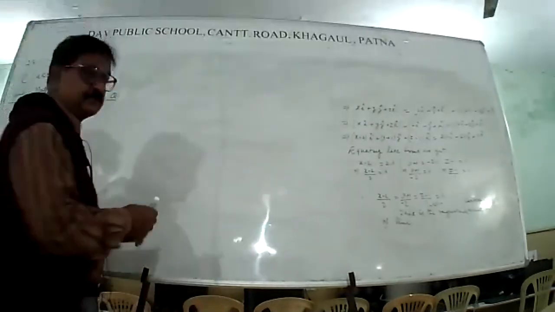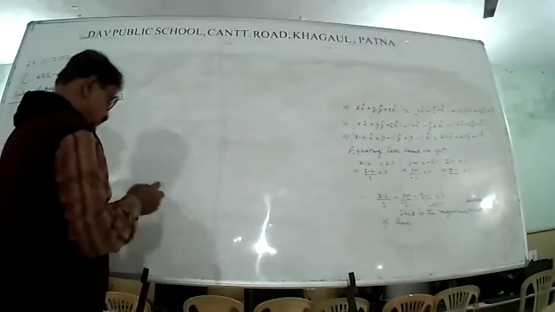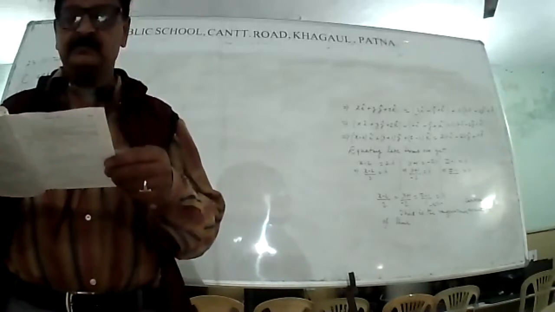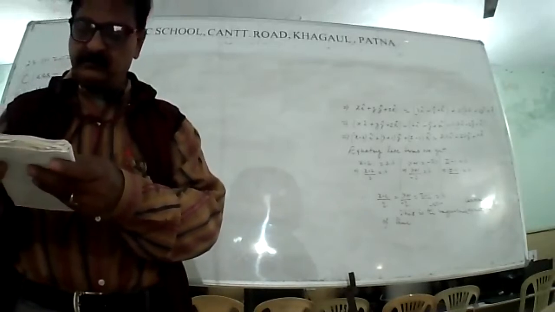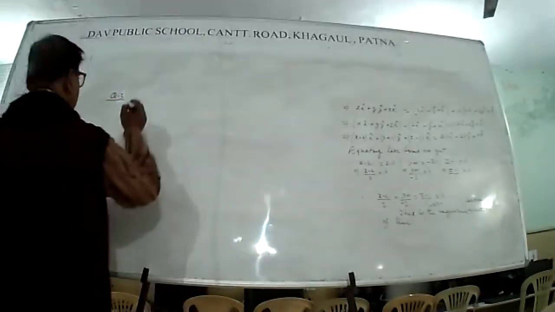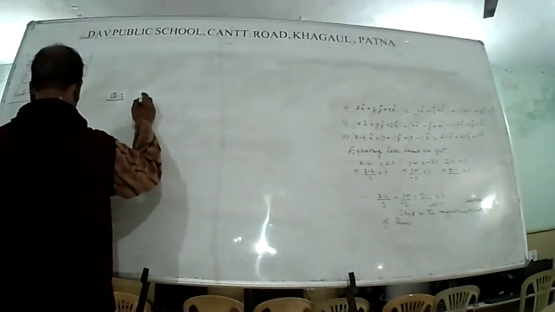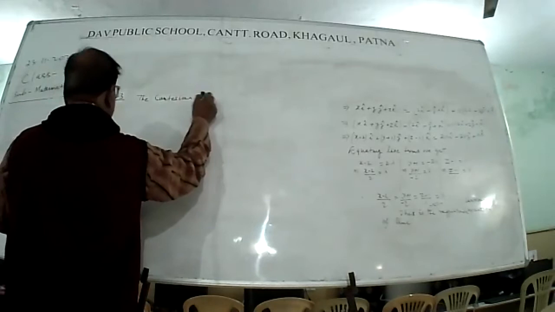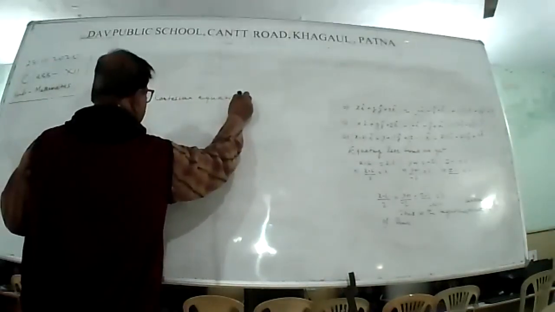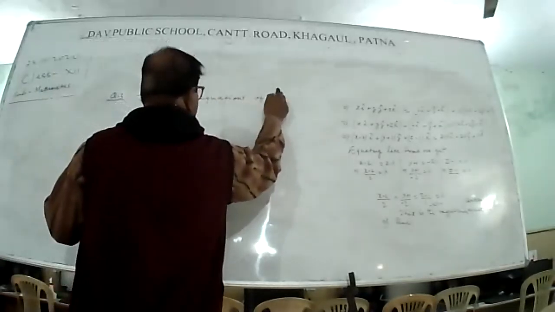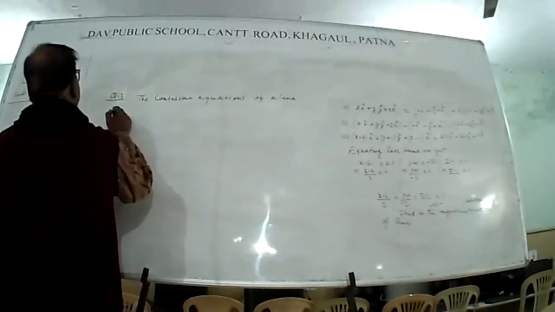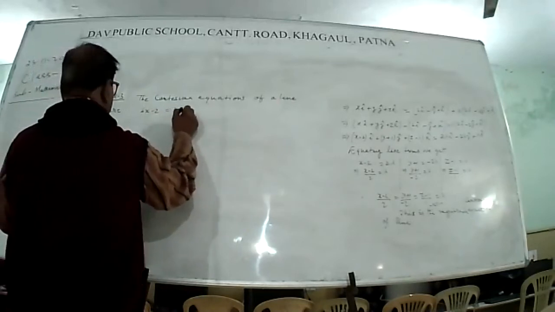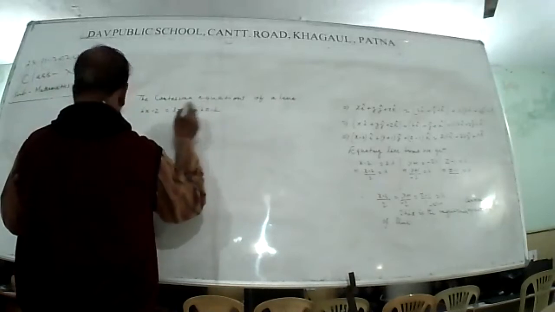Question number 3. The Cartesian equations of a line are 6x minus 2 is equal to 3y plus 1 is equal to 2z minus 2.